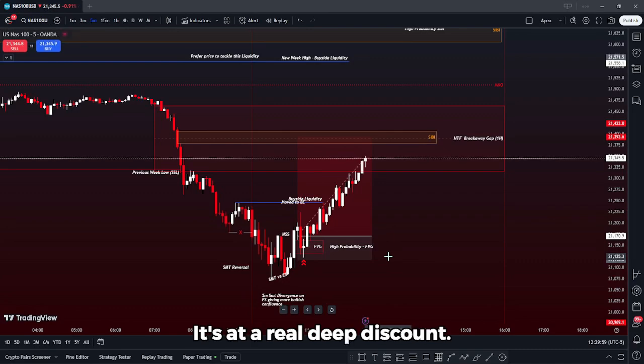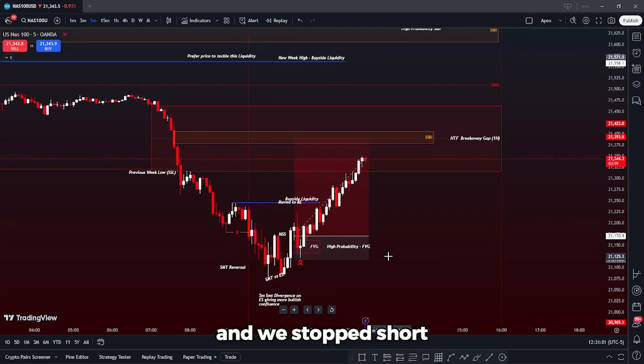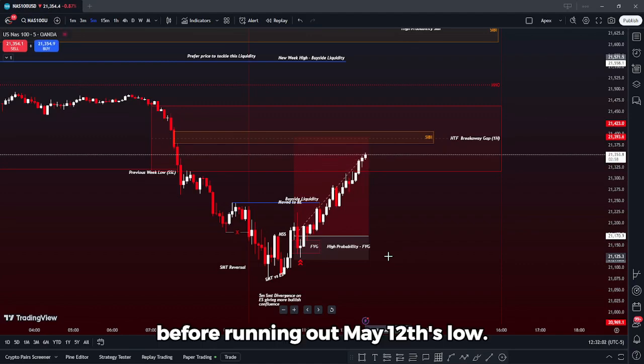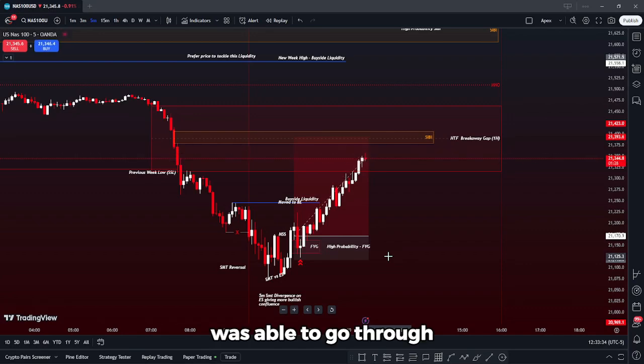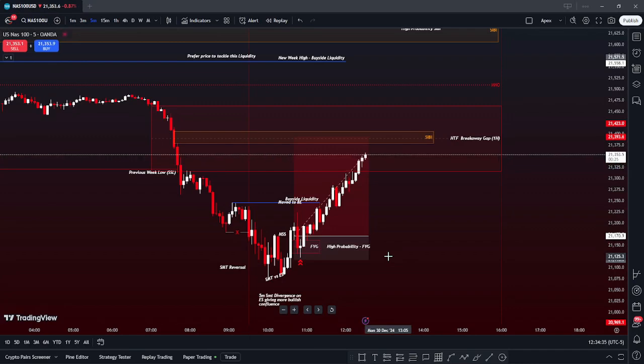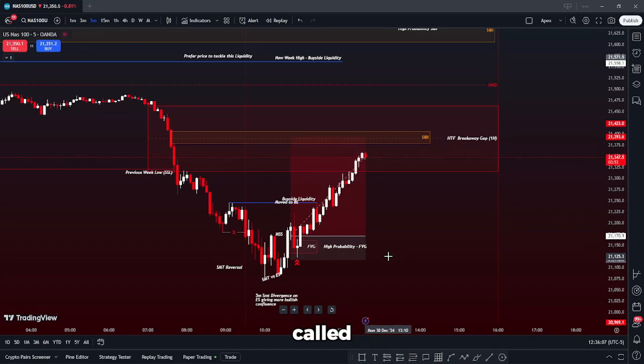It's at a real deep discount, and we're at the end of the week, and we stopped short on S&P and the NASDAQ before running out May 12th's low. But the Dow was able to go through May 12th's low. All of those ingredients come together and create this product called consolidation.